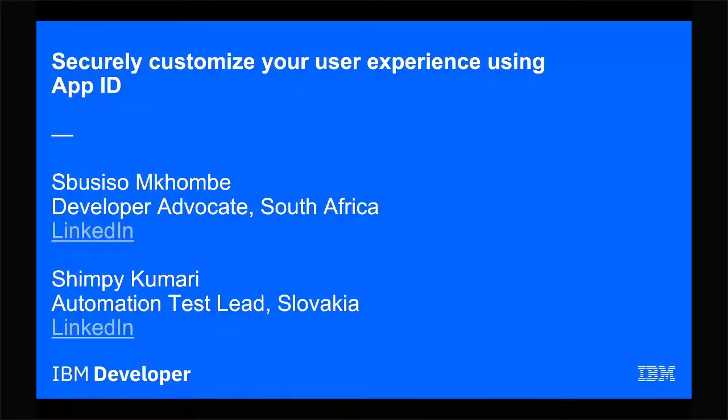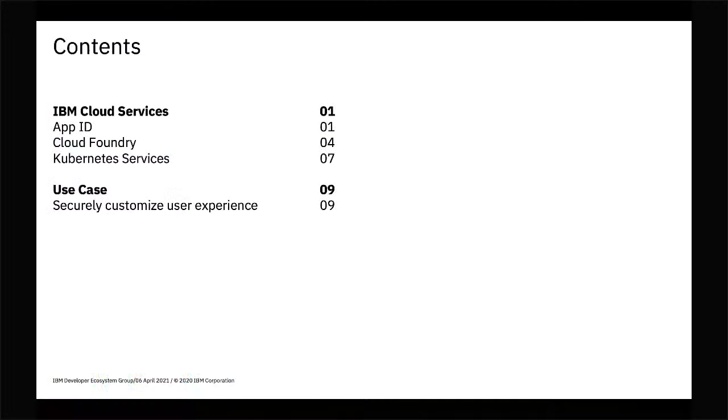We will be talking about App ID and a couple of terms and terminologies that Busiso is going to use later while doing the workshop. We'll be focusing on App ID and different cloud technologies, cloud native, Kubernetes services, Cloud Foundry, etc. In case you have any questions, feel free to shoot them in the chat or ask me directly.